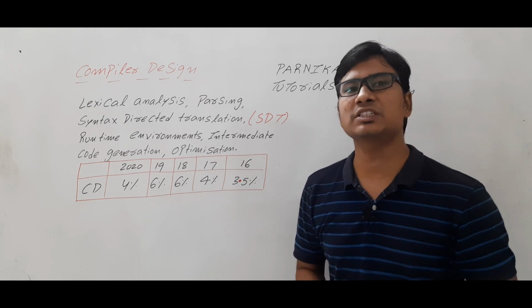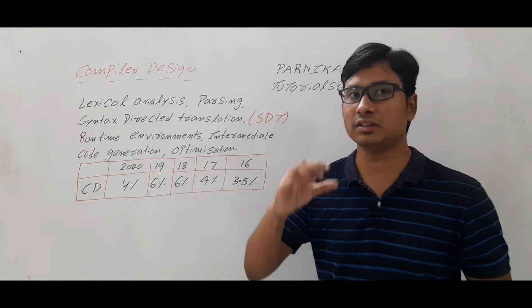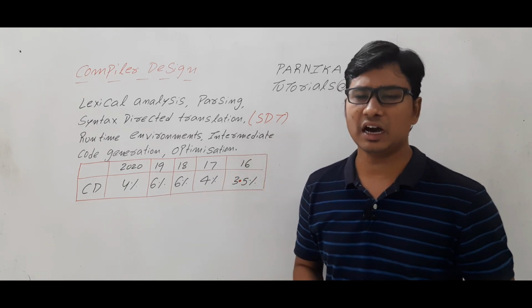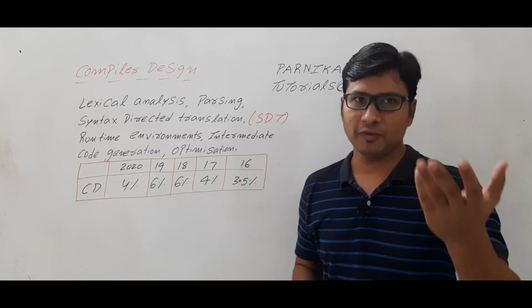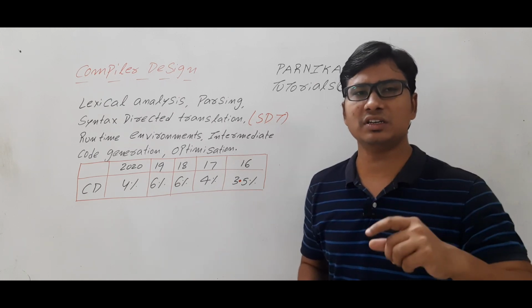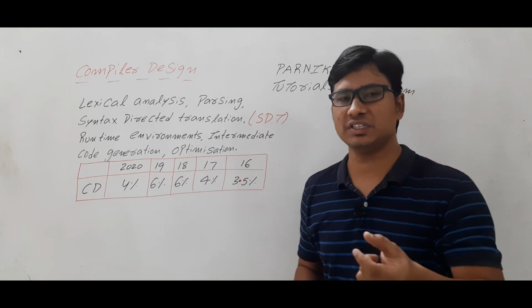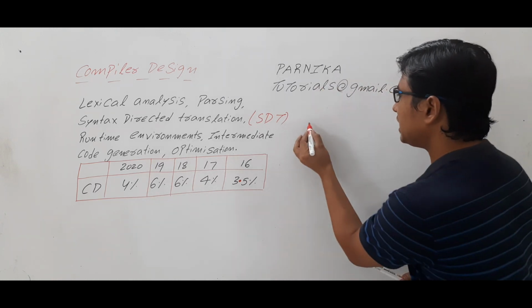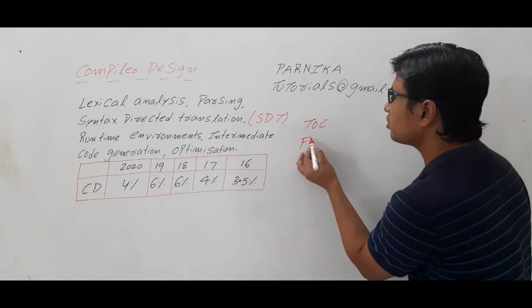Now you can ask me, sir, when should I study the compiler design course? If you have completed the theory of computation course, or FLAT. A lot of students are sending emails asking me to teach FLAT. Some universities call that subject theory of computation, and some call it FLAT, which is formal language automata theory. So you can find the TOC playlist; it is nothing but your FLAT only.